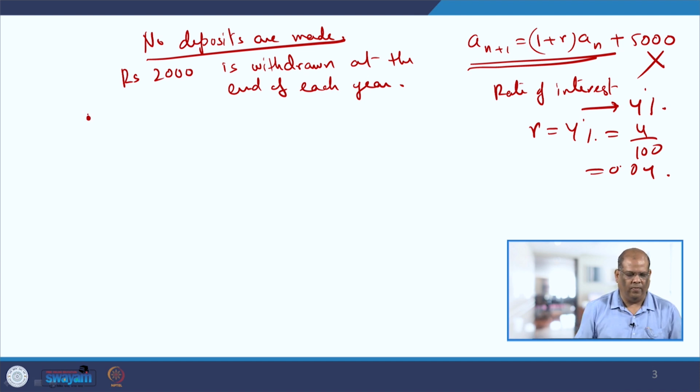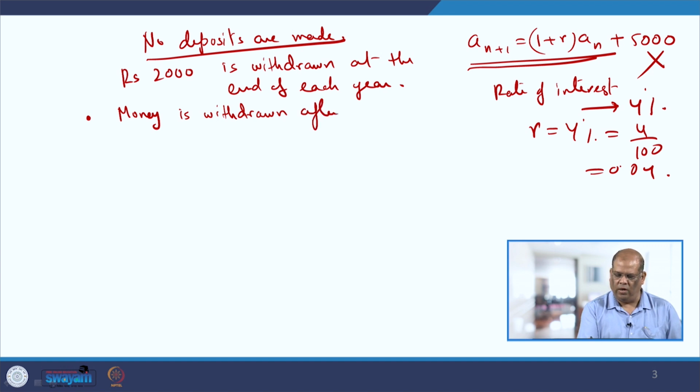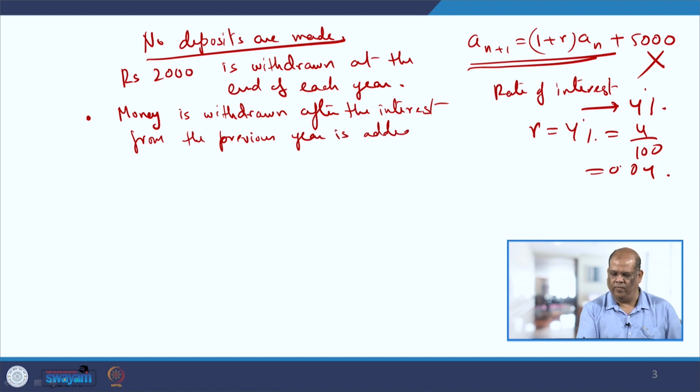First, the money is withdrawn after the interest from the previous year is added. So, you can only withdraw the money once that interest is deposited in the account.